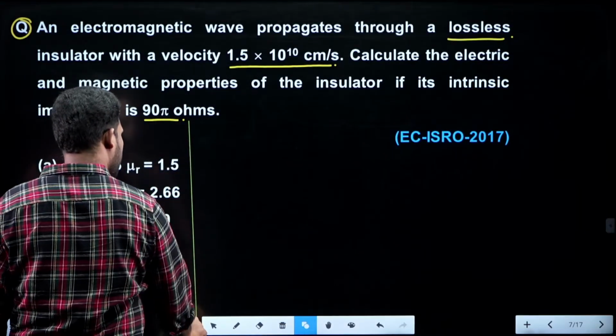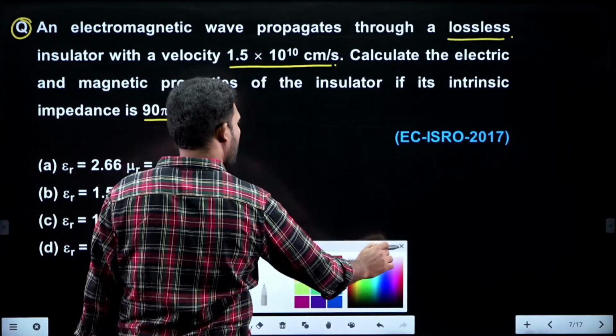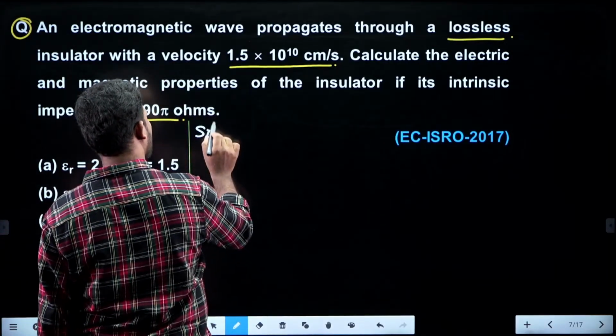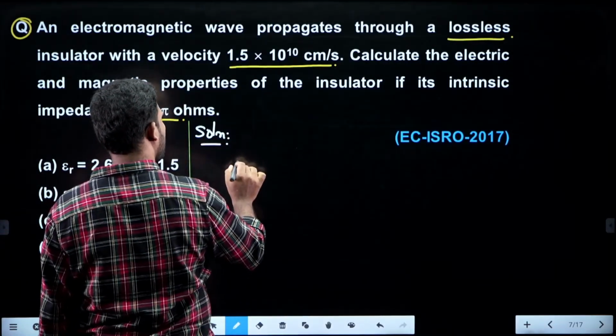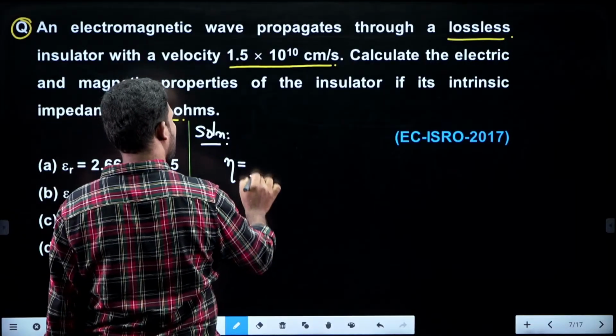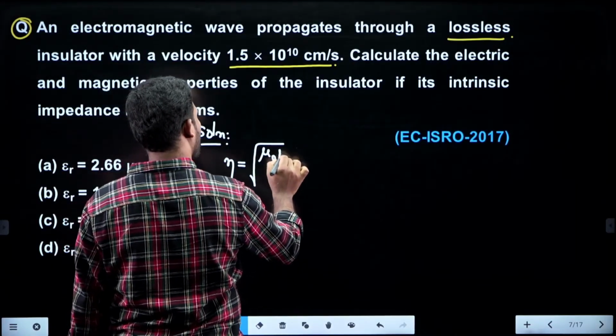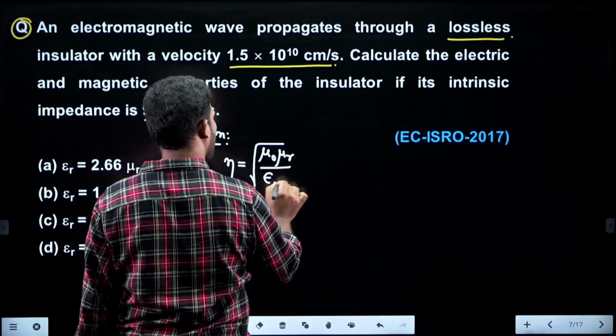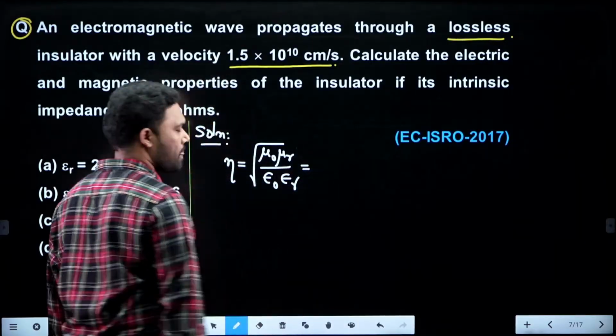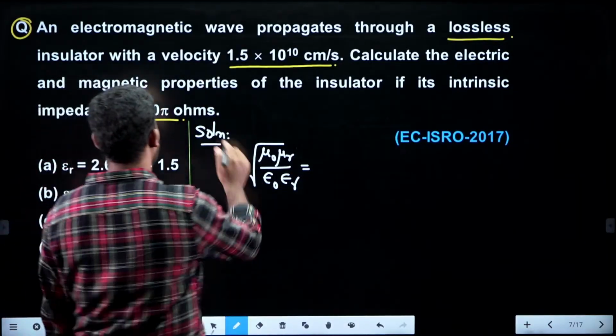It is a simple and straightforward, formula based question. So, what is the intrinsic impedance? Eta is equal to square root of mu naught mu r by epsilon naught epsilon r, which is equal to 90 pi.